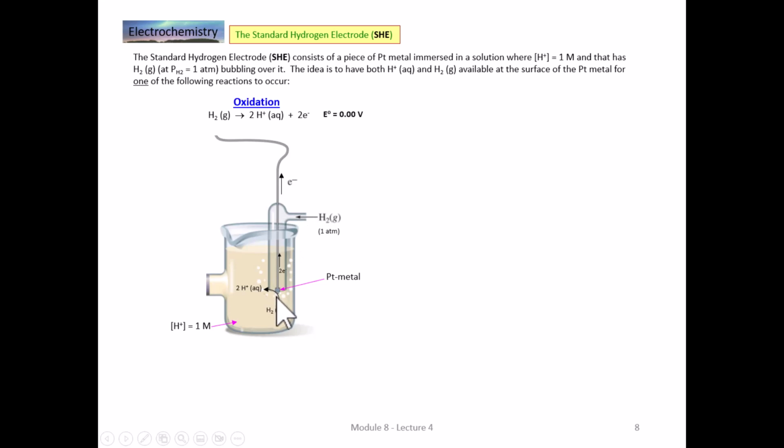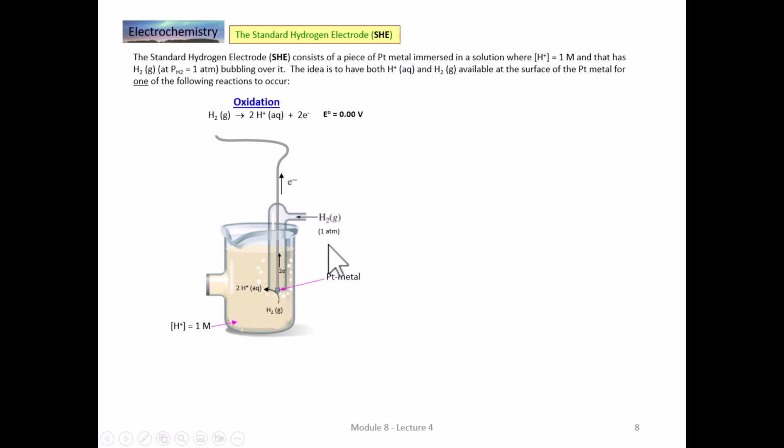This is a very odd and kind of scary looking setup, but the idea here is right at the platinum to have both hydrogen gas available at 1 atmosphere of pressure and hydrogen ions available at a concentration of 1 molar.